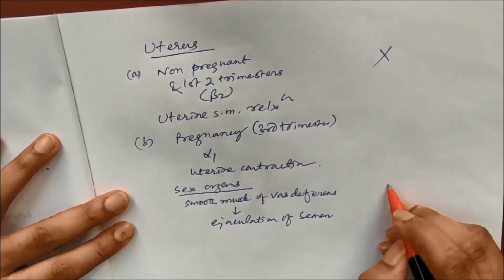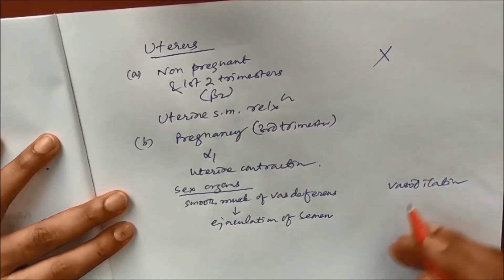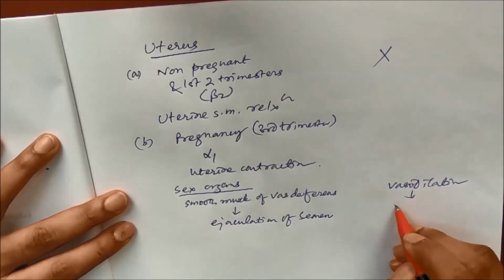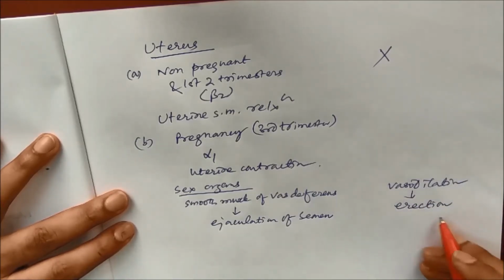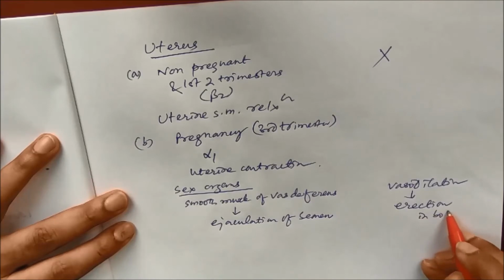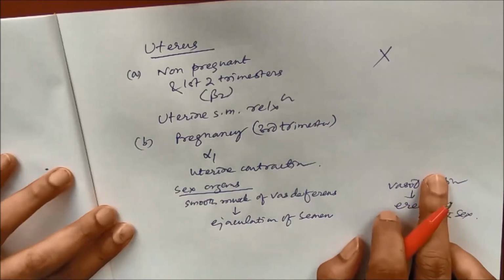And in parasympathetic, as you know, there is vasodilatation. So vasodilatation will cause erection of penis in male and erection of clitoris in female. So erection in both sexes is caused by parasympathetic because of vasodilatation.